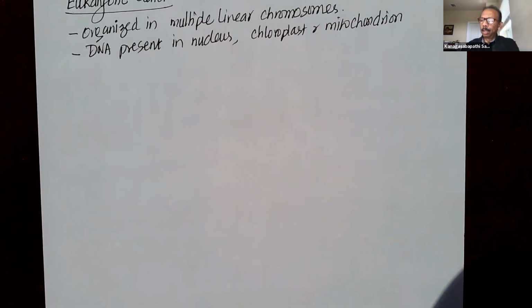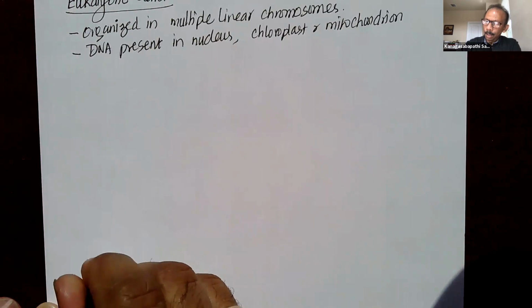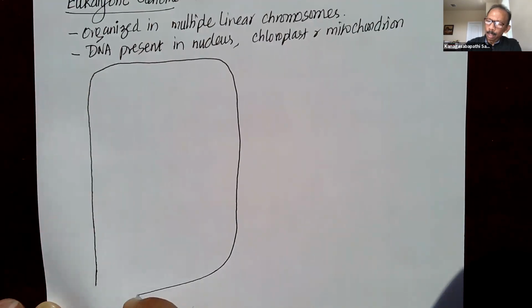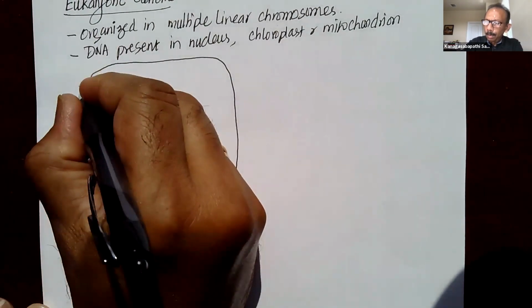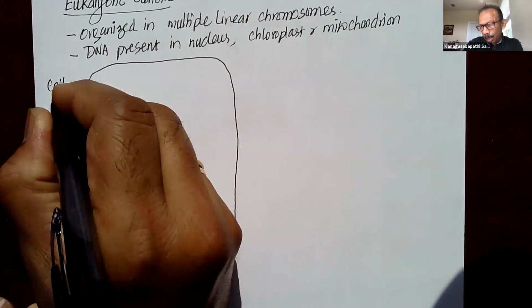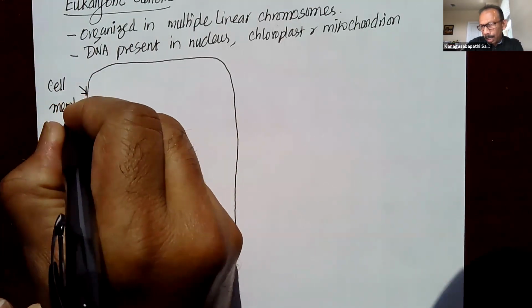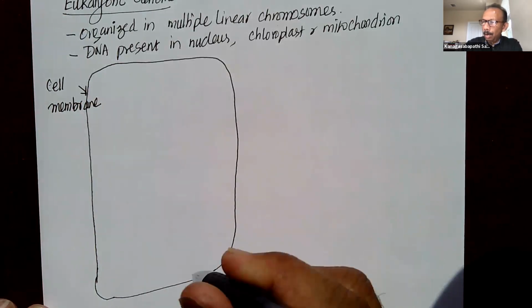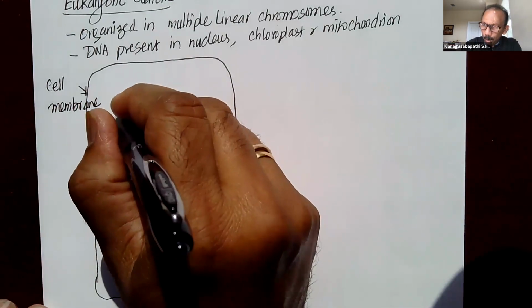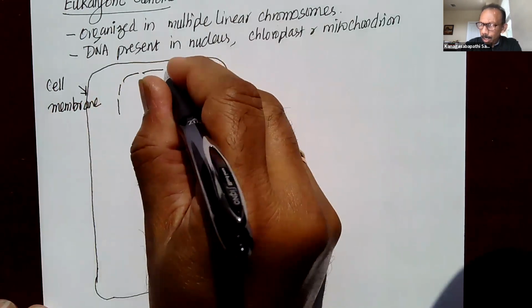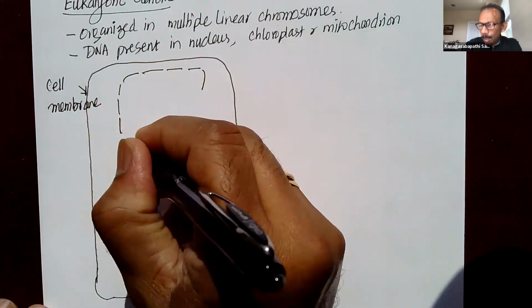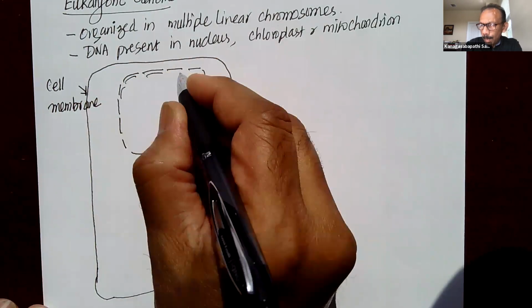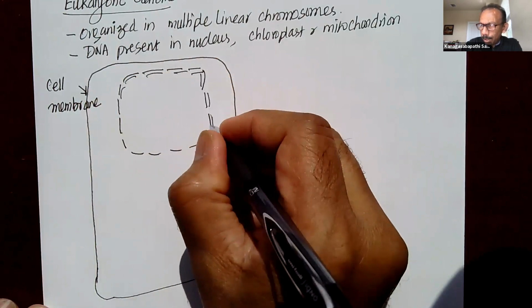And let's start with the structure of a eukaryotic cell. So you have the cell membrane. I'm not including the cell wall present in many things, but this is kind of a starting point, the cell membrane. And so within the cell membrane, you have the nucleus, which is a double membrane structure.